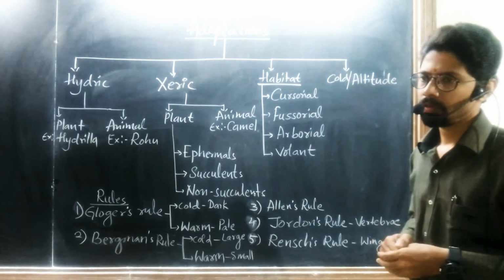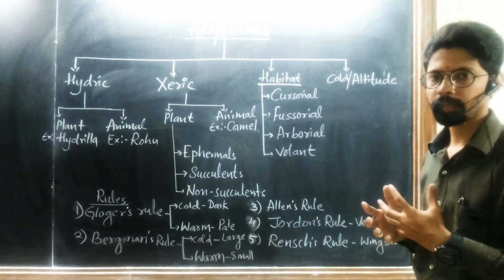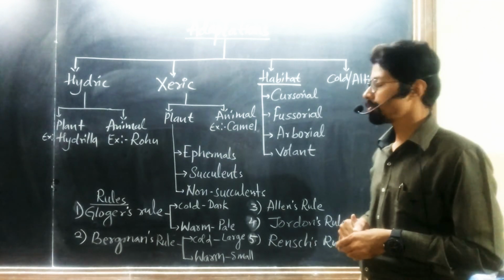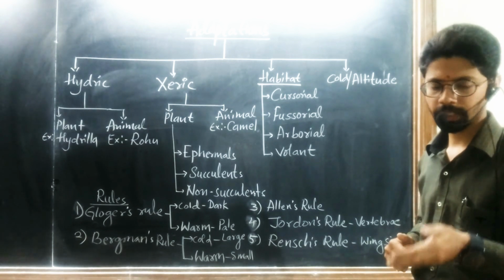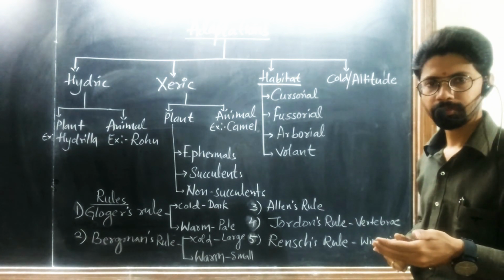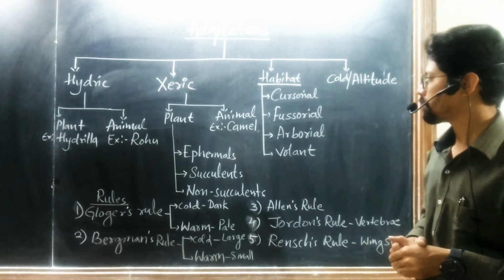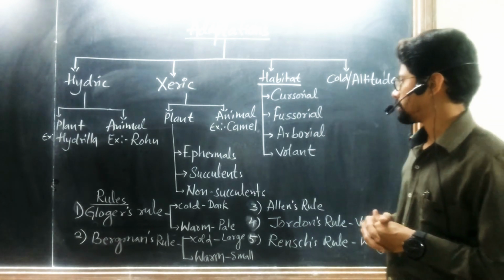Then habitat. For adaptations with respect to habitat, cursorial is a terrestrial adaptation for speed, the need for speed. Examples you can quote there are emu and ostrich. Fossorial is a kind of burrowing form of habitat.